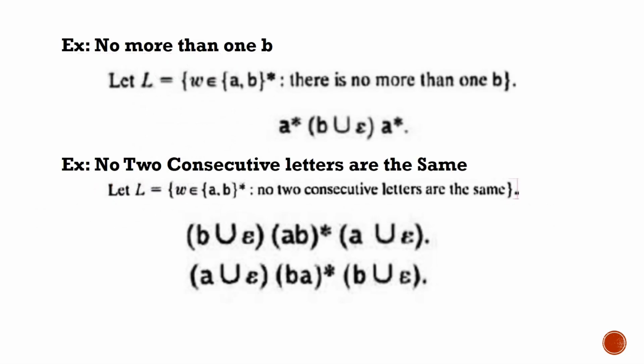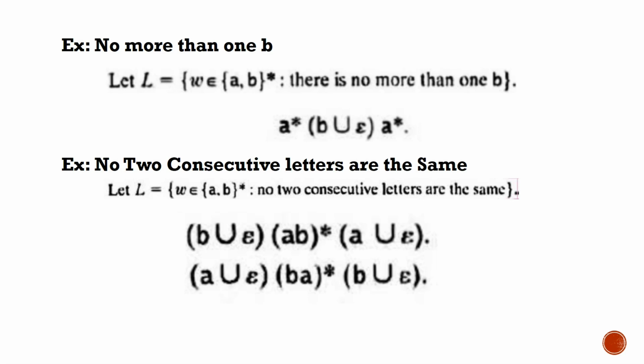Let us look at some more examples on writing regular expressions. The language is made up of strings belonging to {a, b} star, and there is no more than one b. What is the meaning of this one? Either zero b's or one b is possible. The number of a's has no restriction. So a star at the beginning, I can have any number of a's, and at the ending I can have any number of a's.